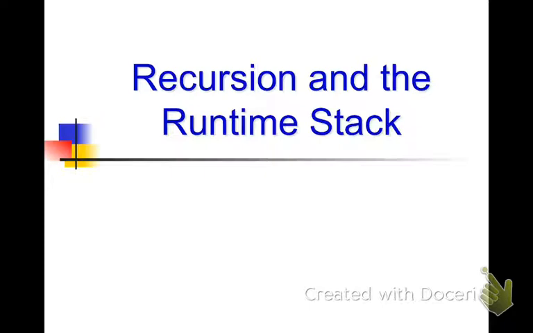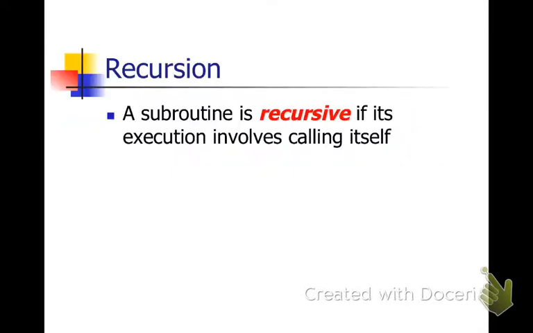Since that's what we're going to do, we're going to take a look at an example. But before we do anything, let's go ahead and review. A recursive call is a function that calls itself.